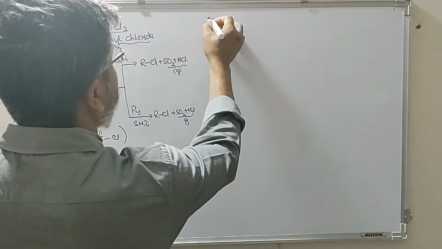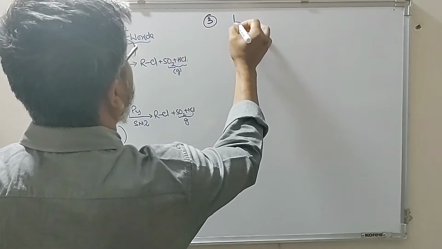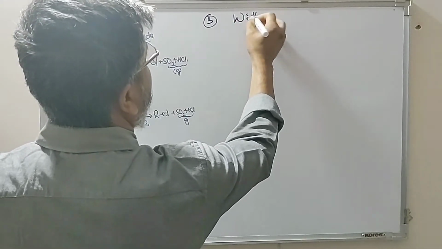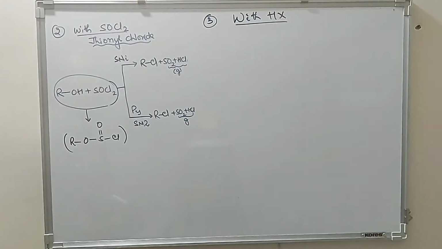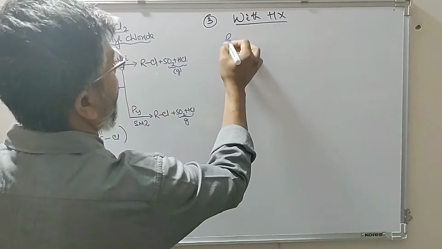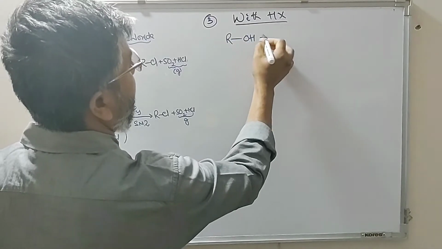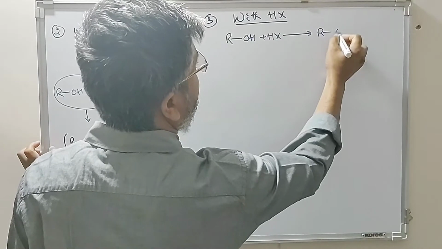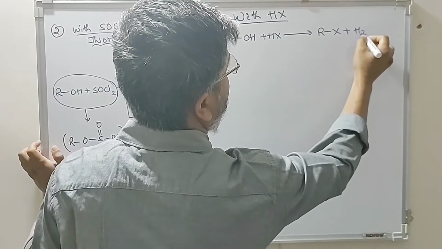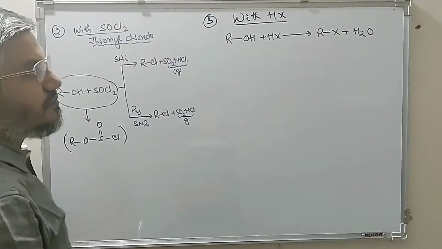Then we have the reaction with HX, hydrohalic acids. When these alcohols react with HX, this gives you alkyl halide plus H2O.